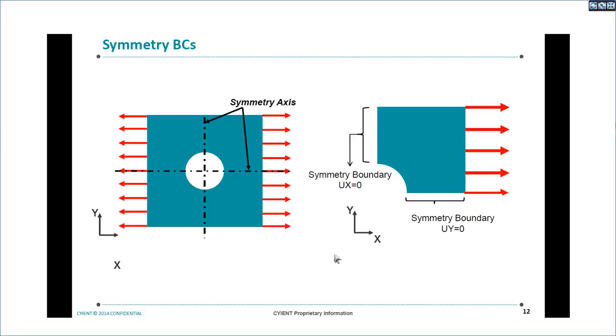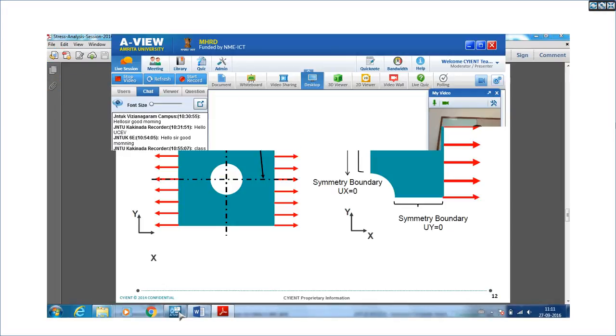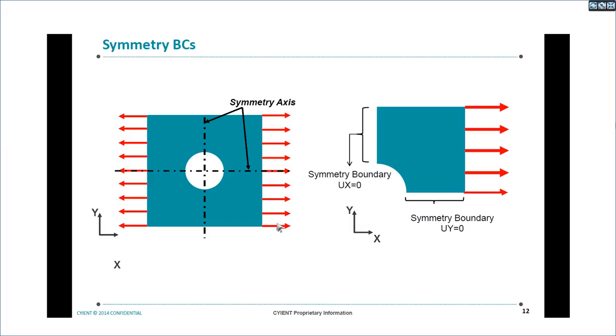So coming to a typical plate with a hole, this is a standard problem which we use in stress analysis. For this plate with a hole, we can model the complete geometry, or we can model only a quarter. While taking a quarter model, there are two cut faces here. On one cut face we can arrest the direction normal to the face.